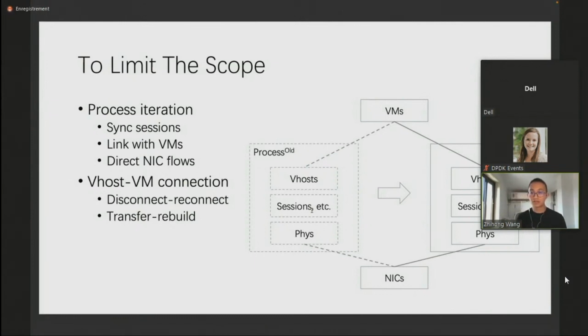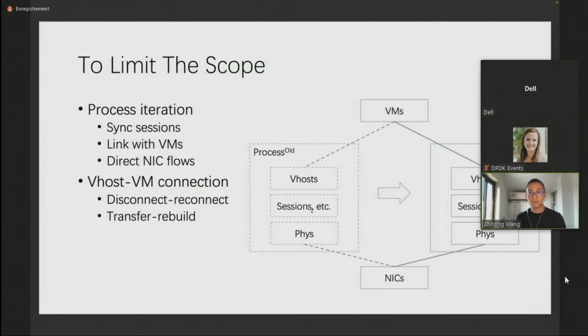The sessions can be synced in parallel, while the old ones are still functioning. And for the data traffic from the NIC, we can use VFs, or we can use traffic duplication. Those technologies can solve that part.